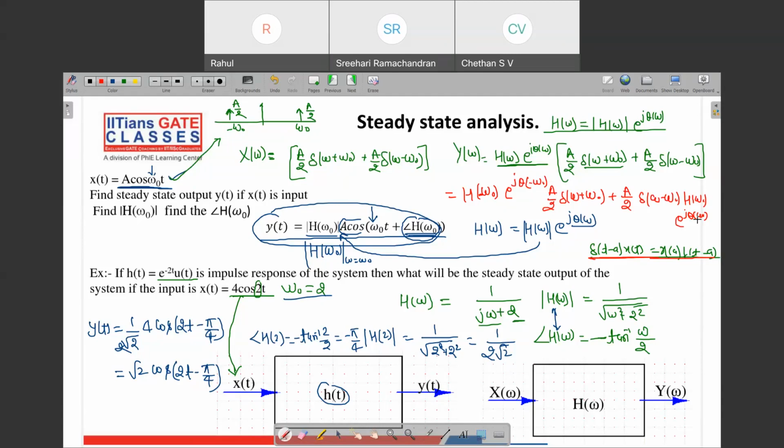Now after this, you can again combine them and bring it back. If you see this complete thing, this is constant because now it's not omega, it's omega naught. This is also a constant, this is also a constant, and this is also a constant. Only variable is this del.